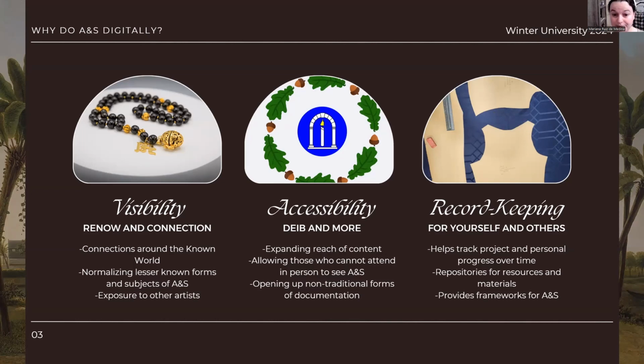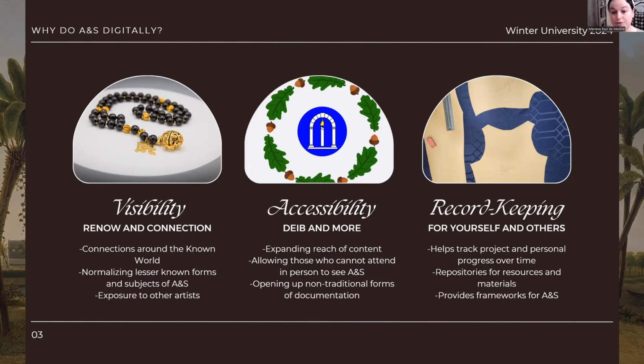Second is accessibility. There are a lot of reasons that someone might not be able to get to an event in person. There are going to be a lot of reasons that people who may be able to get to an event cannot interact with your arts and sciences in the form of a written paper. There are a lot of people for whom writing that paper is not an option.